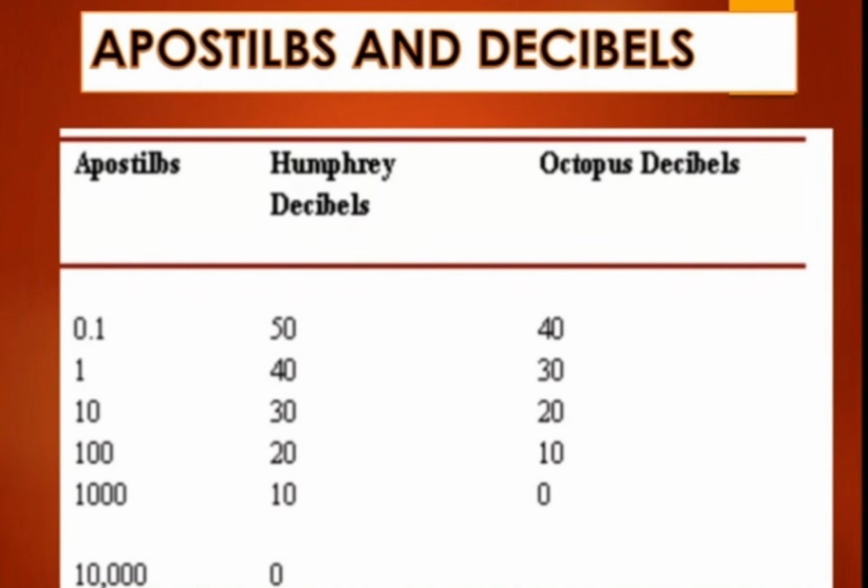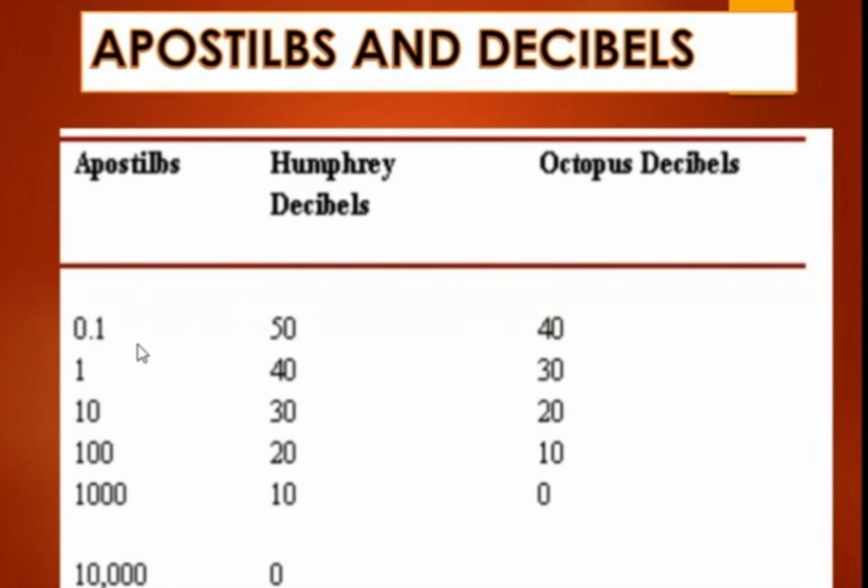So look at what it looks like here. We'll have the Apostilbs and we'll have the decibels. If you look at the left corner, you will see 0.1 Apostilb. This 0.1 Apostilb simply represents a very low intensity of light. Then if you go over to the decibel, like I told us earlier, the lower the Apostilb, the higher the decibel.